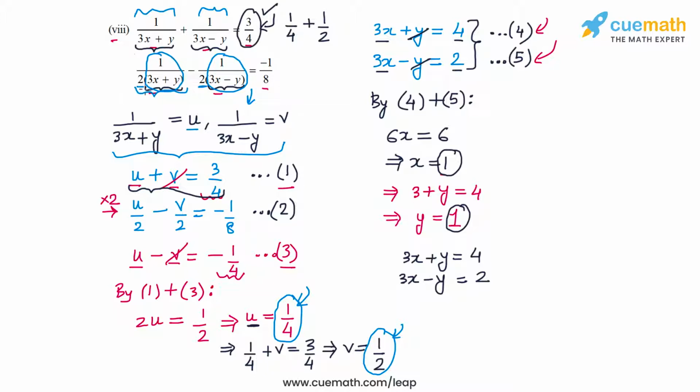In the second equation we have 1 by 2 times 3x plus y, so that's 1 by 8, and then a minus 1 by 2 times 3x minus y, so that's 1 by 4. So 1 by 8 minus 1 by 4 is minus 1 by 8, and the second equation also checks out. So our answer is correct. x is equal to 1 and y is equal to 1 as well.